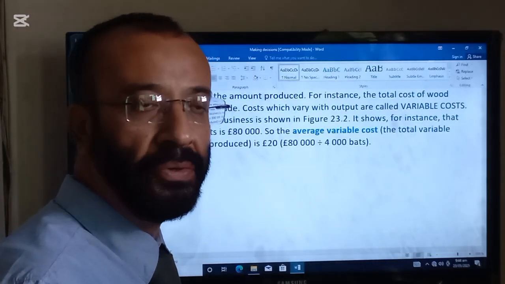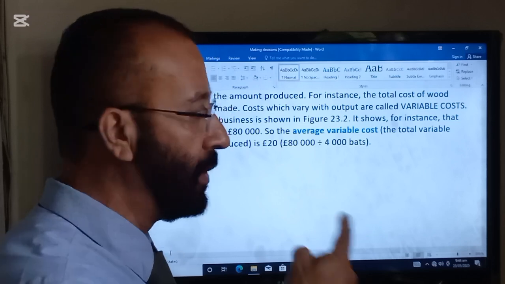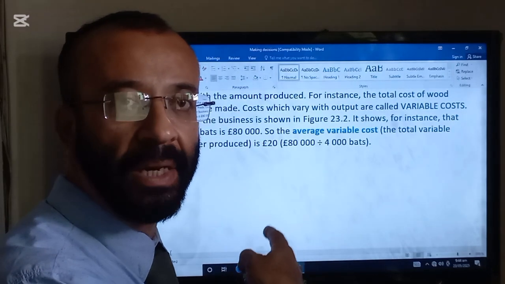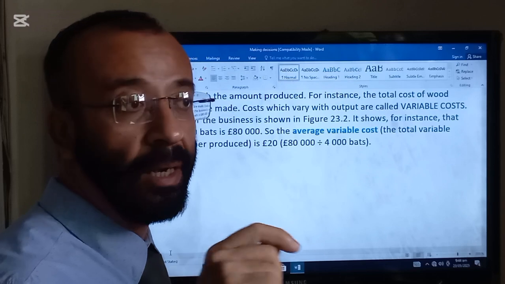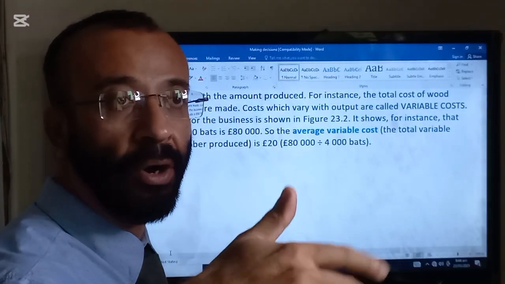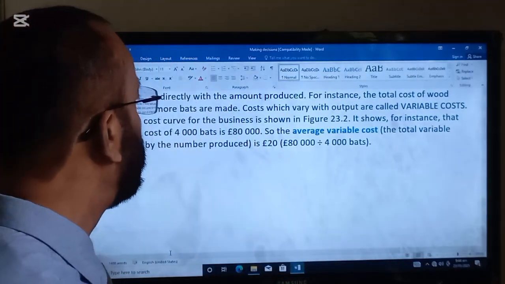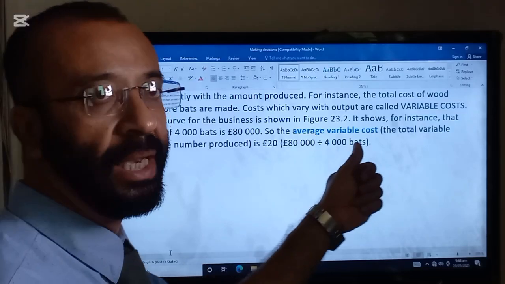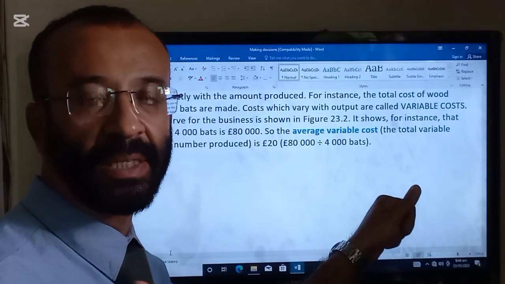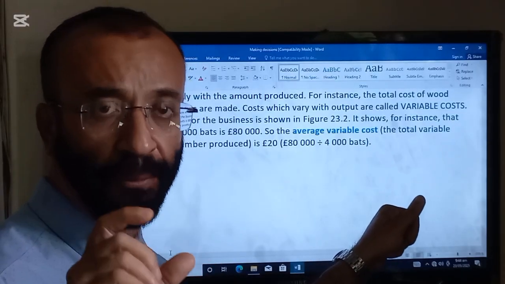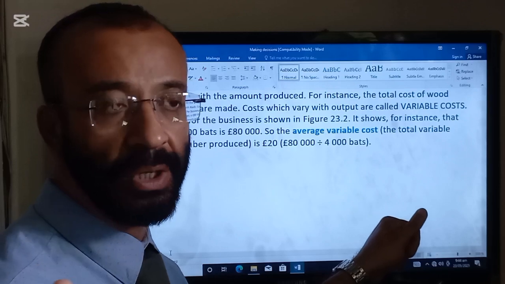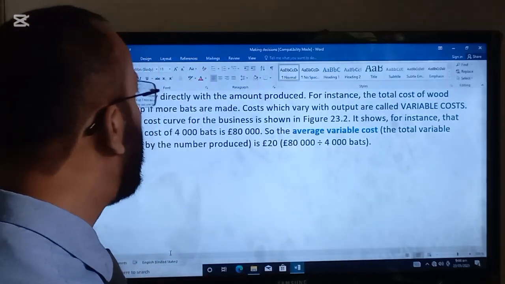The more the car is used, the more petrol will be used, because one of the members is using the office car for selling the bats to different sports shops. Likewise, wood is also a variable cost. The more bats are produced, the more wood will be used. So wood is also a variable cost.